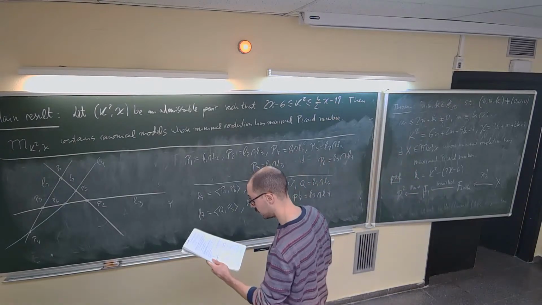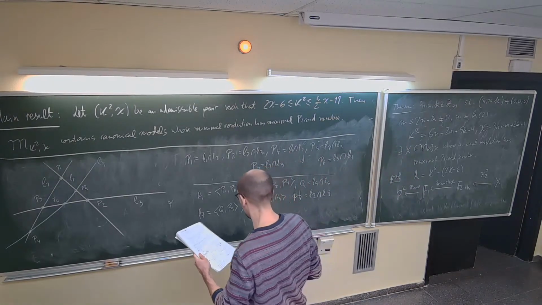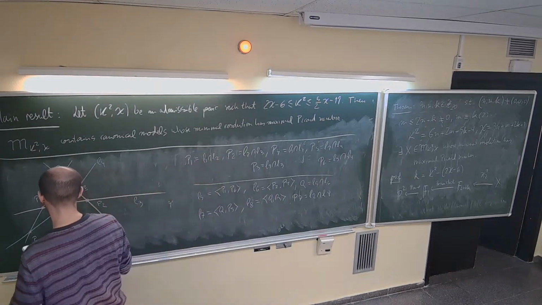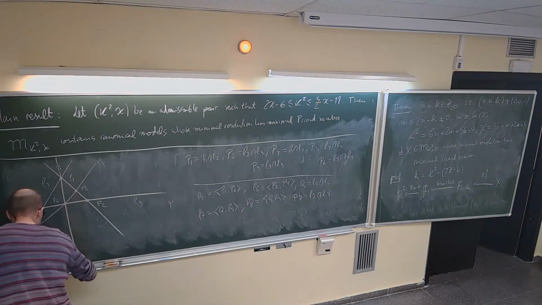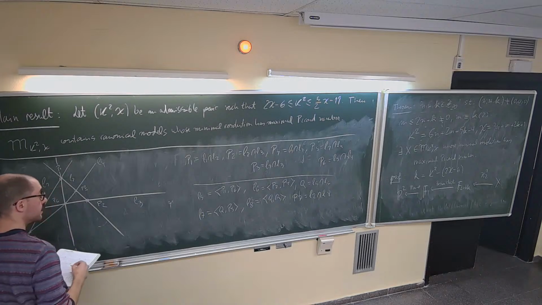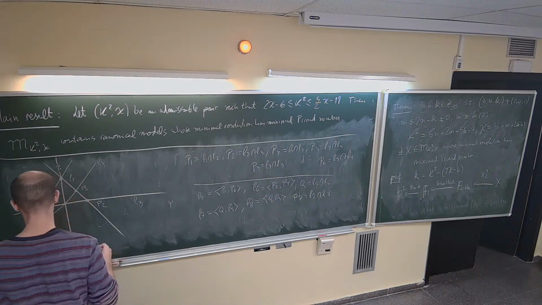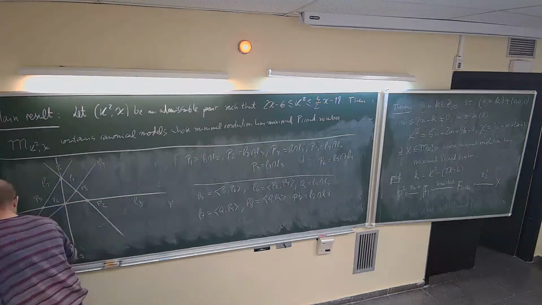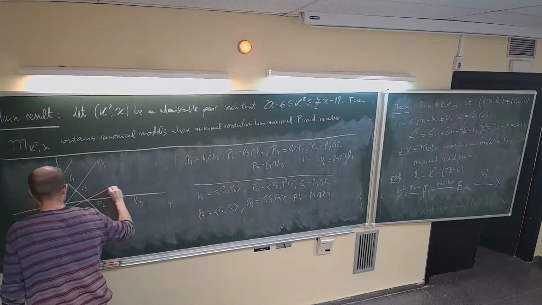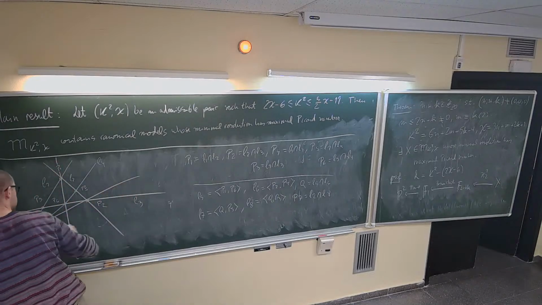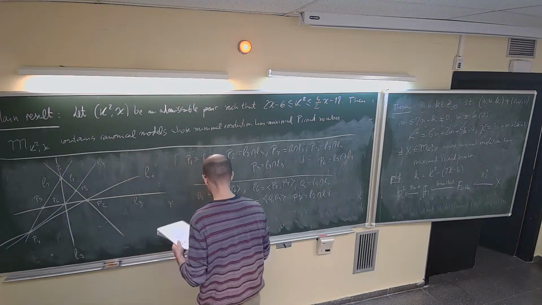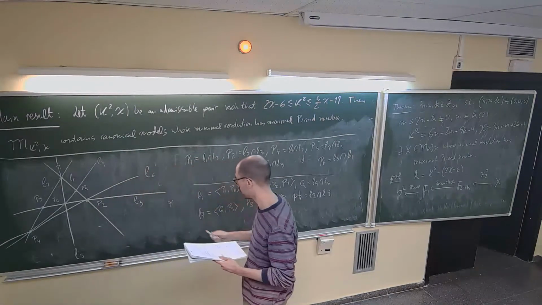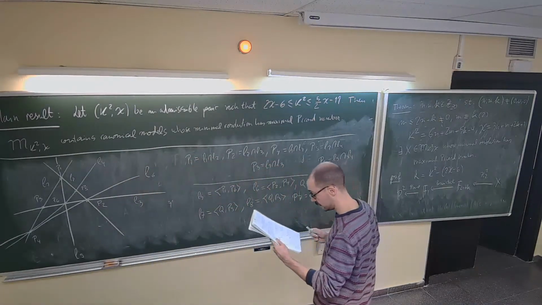So let me draw them. So L5 is P1, P6. So here we have L5. L6 is P2, P4. Okay, so here we have it. This is L6. Okay, L7, I will use blue. You will see why.